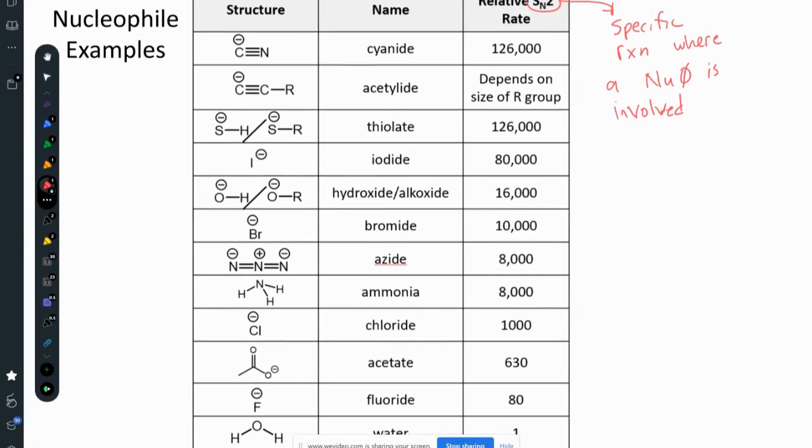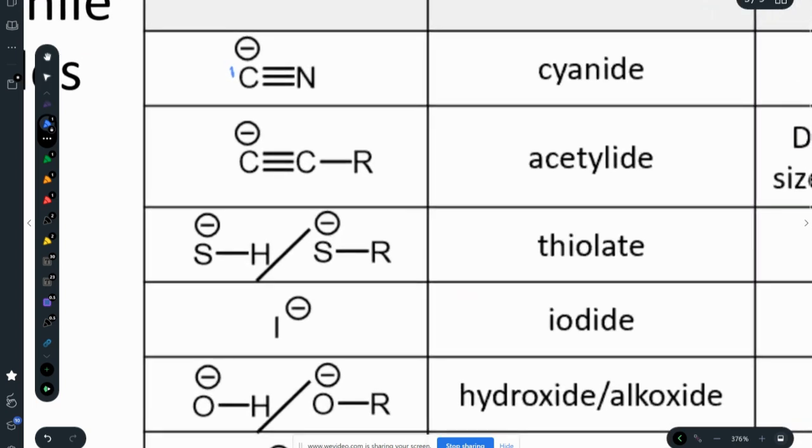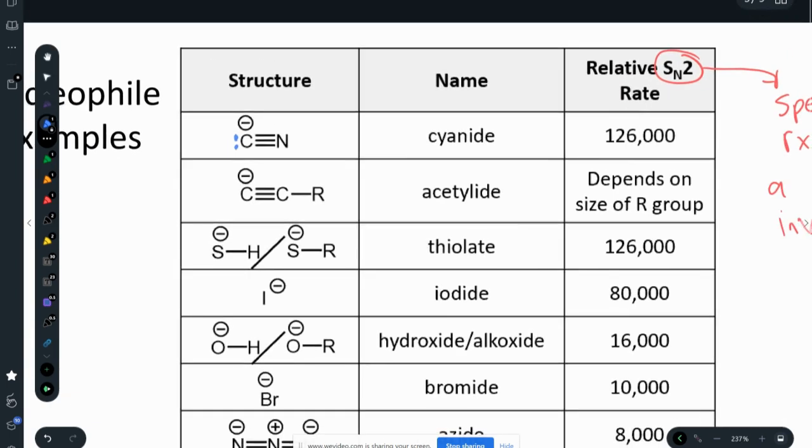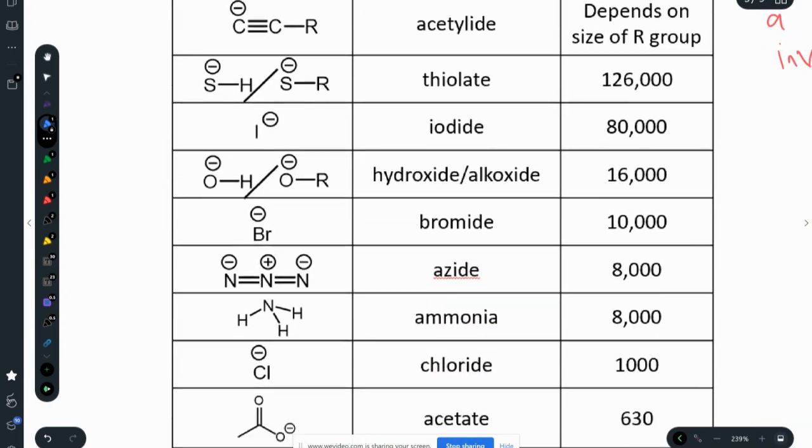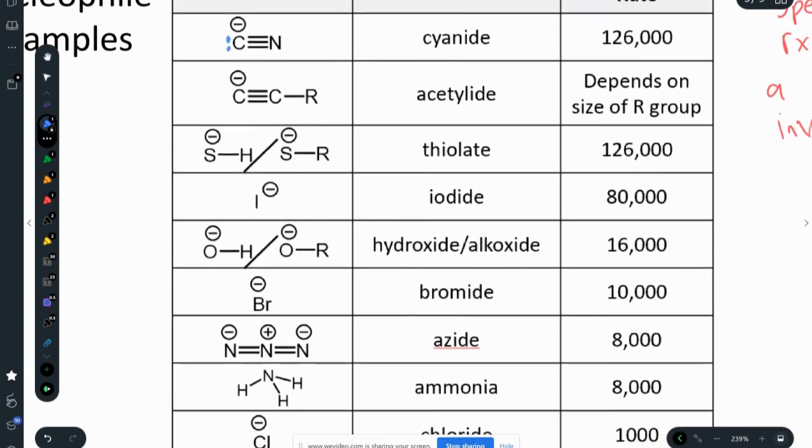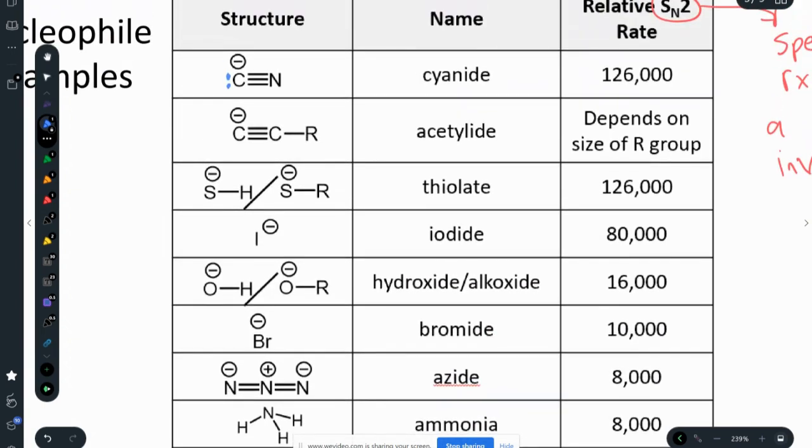So the reason I give this list is if you look and think about the nucleophilic site on these molecules, we said negative charge helps. So notice the ones at the top of this list where they're really, really good nucleophiles, meaning they react really quickly. They all have negative charges.